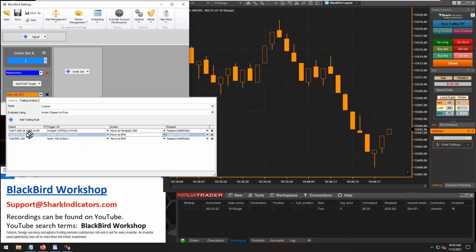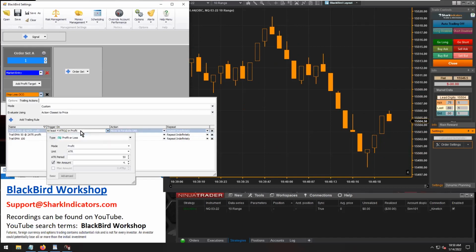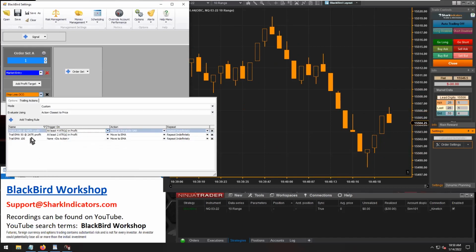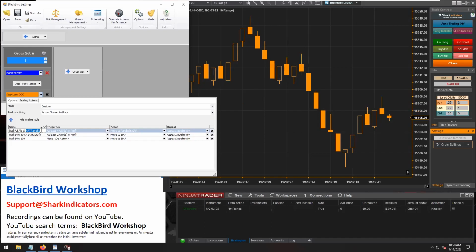So keep in mind that when you have multiple trailing rules like this, once all the triggers have been triggered, in this case once 2 ATRs of profit is achieved, and then lastly once 4 ATRs of profit has been achieved, BlackBird has 3 trailing rules to choose from.